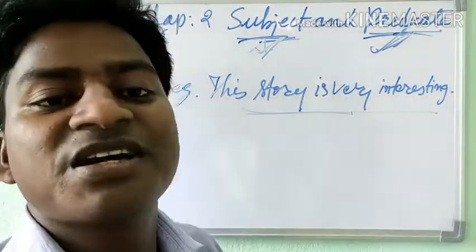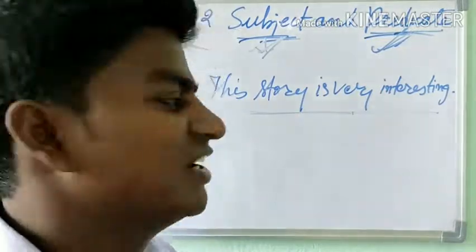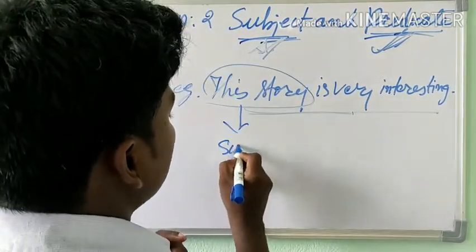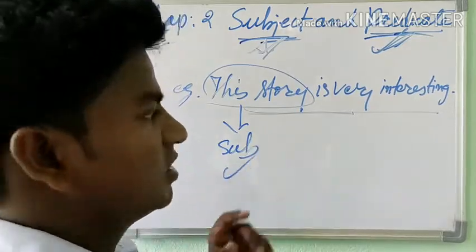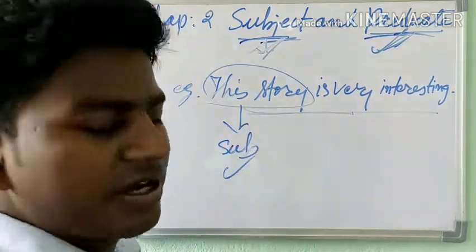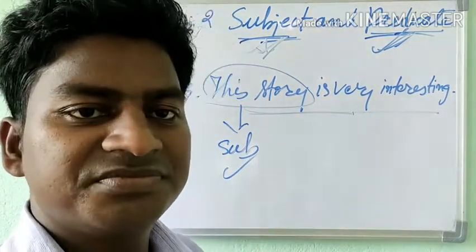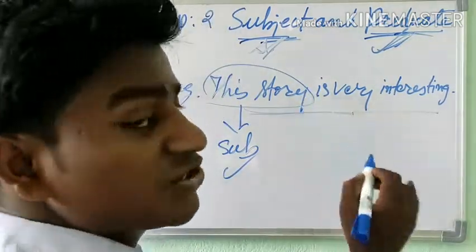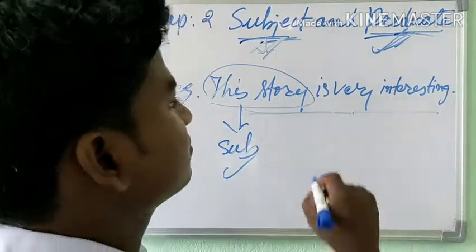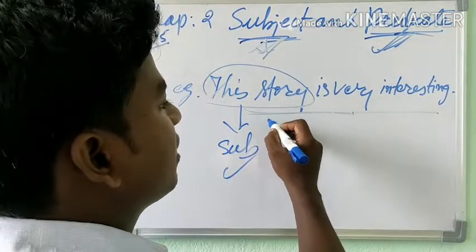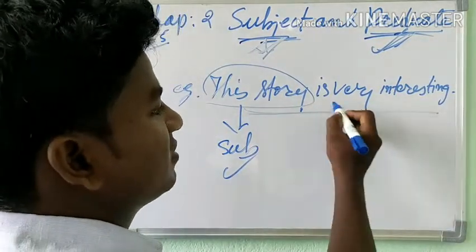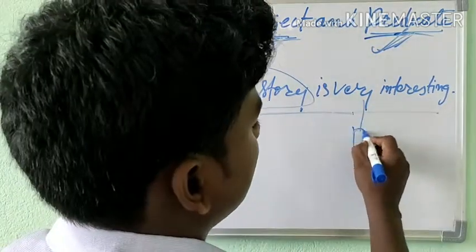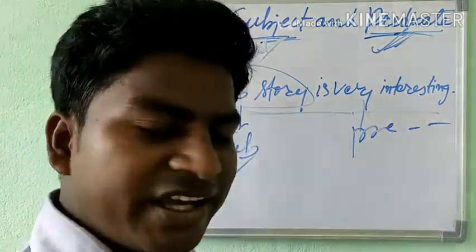This sentence is about the story, and that's why this story becomes the subject. Clear? And what is it telling about the story? That it is very interesting. So this is predicate. Okay? Clear? Good.